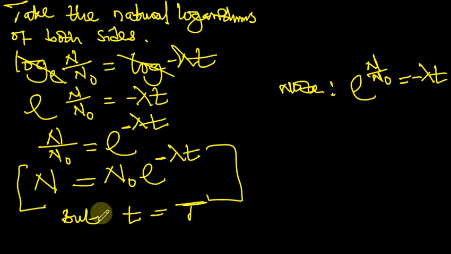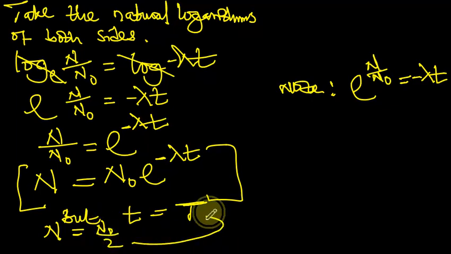So if we look for the half of it, based on the fact that we have turned this t to the half-life, then that means N, the capital N, becomes N₀ over 2. So fix this back into this equation. The equation is N equals N₀ e to the minus λt.